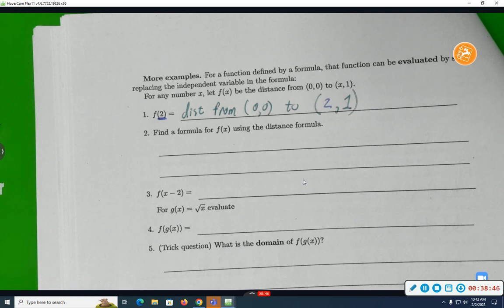Let's use the distance formula and make this computation. The distance formula is given by the square root of the difference between the x's squared plus the difference between the y's squared.